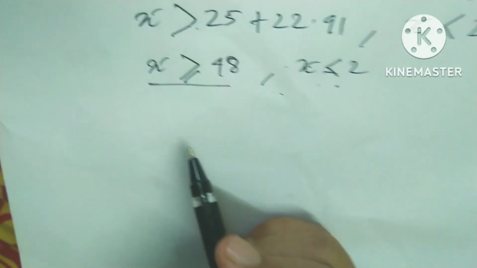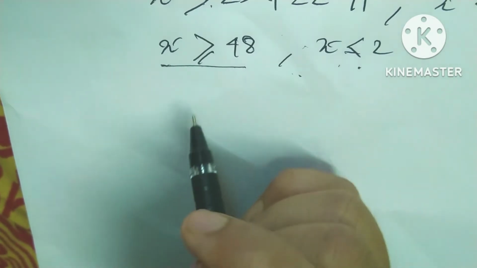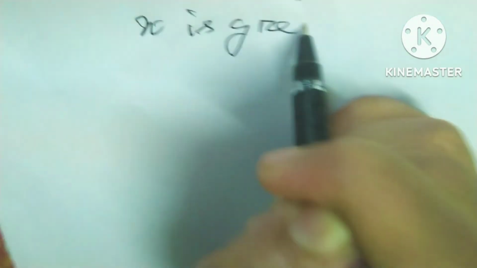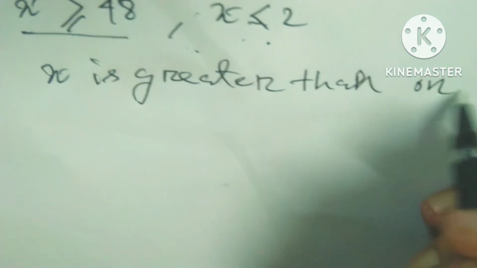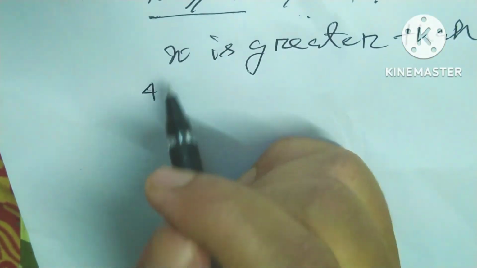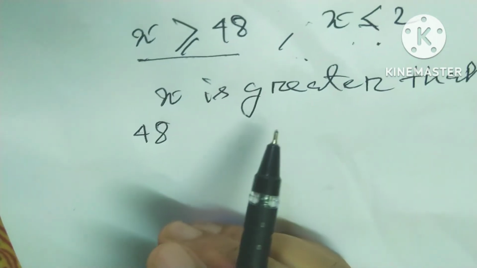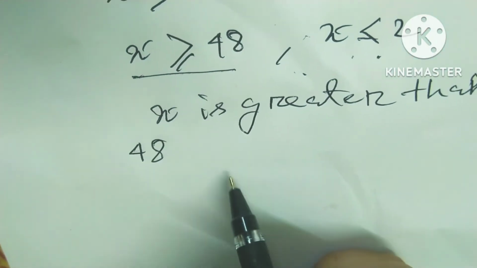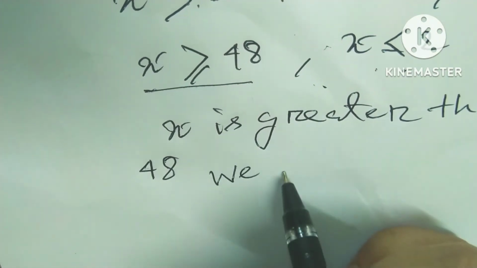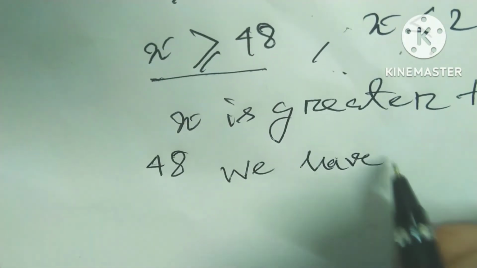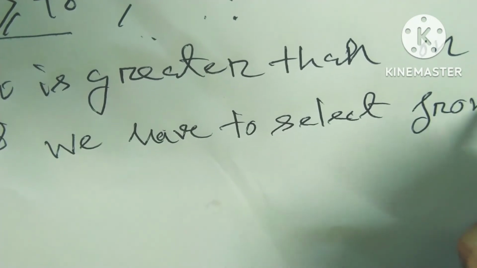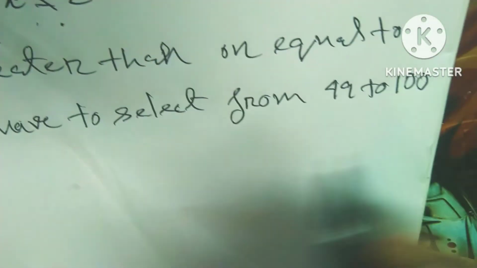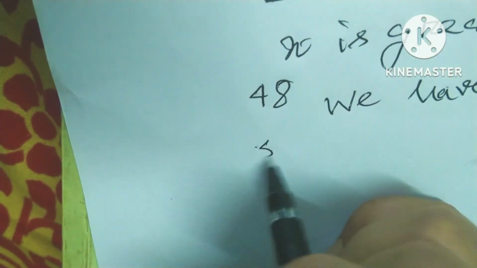So friends, x is greater than or equal to 48, and we have to select from 49 to 100, that is 53.